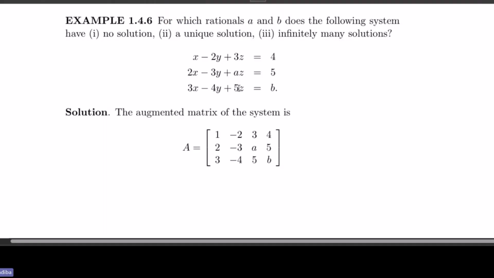Now, when we look at the last matrix, in the last row, the entries are 0, 0, 8 minus 2A and B minus 6.